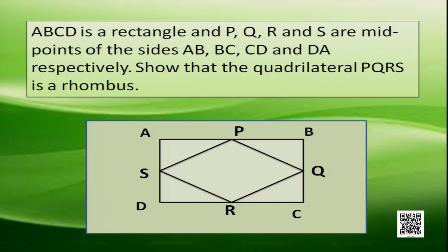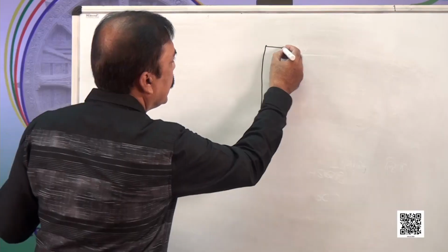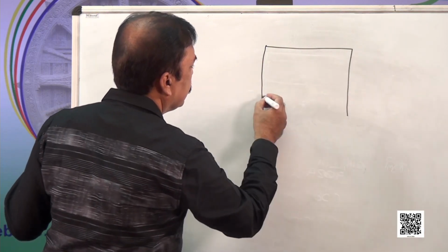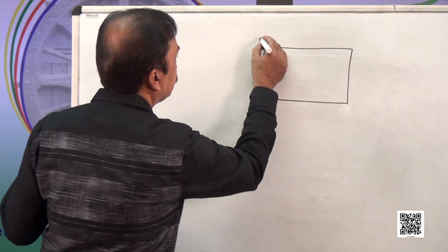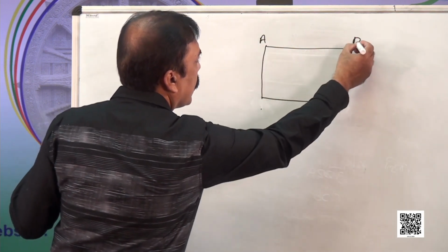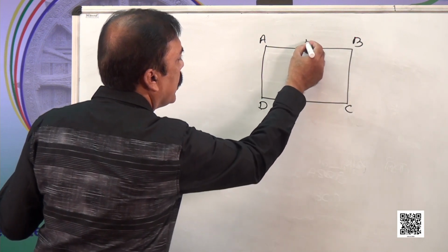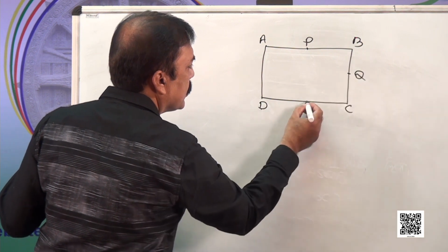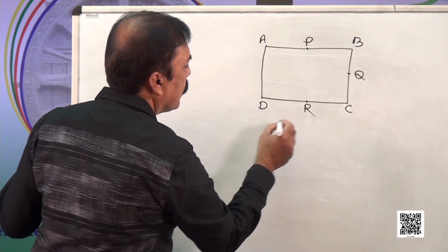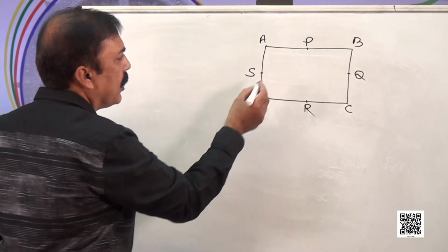So here, given that ABCD is a rectangle, P is midpoint of AB, Q is midpoint of BC, R is midpoint of CD and S is midpoint of AD.